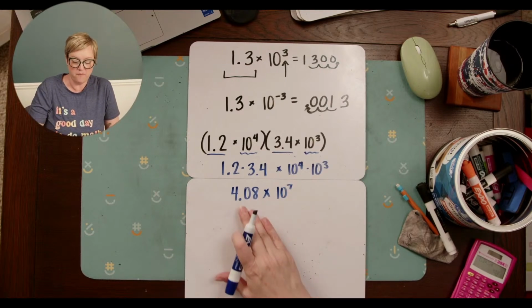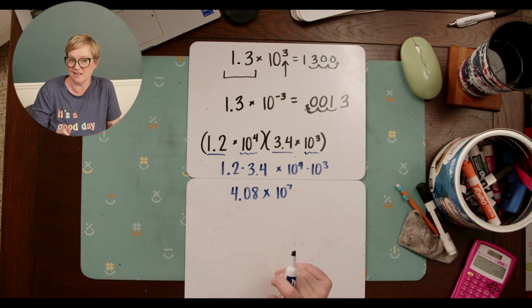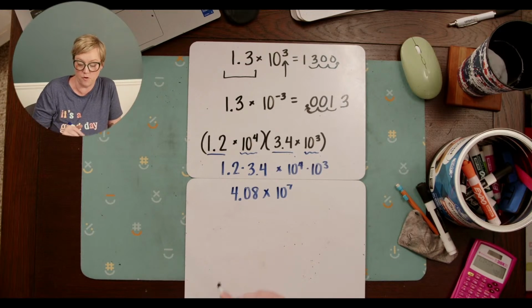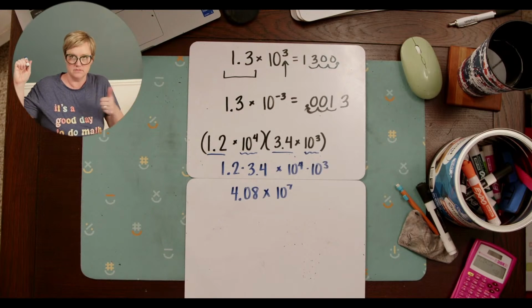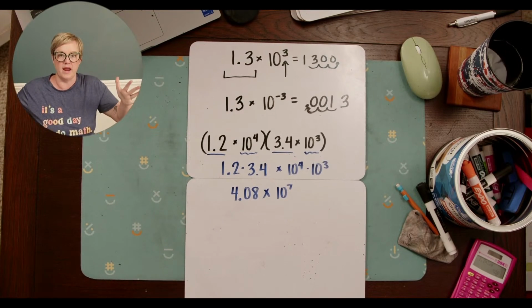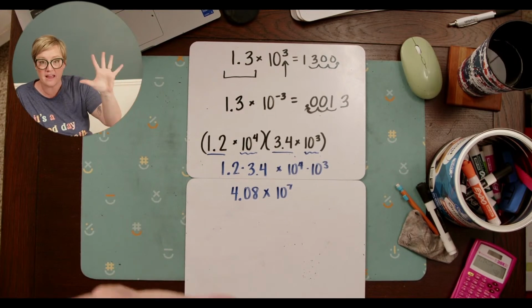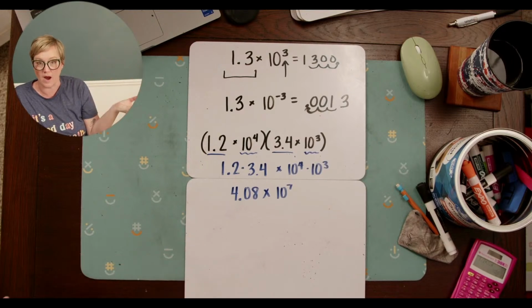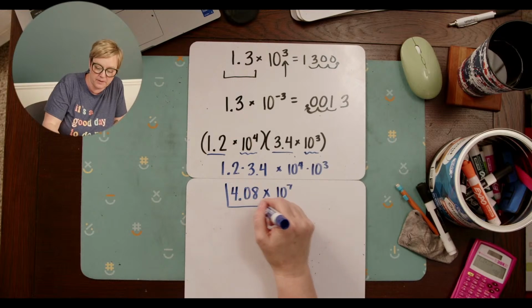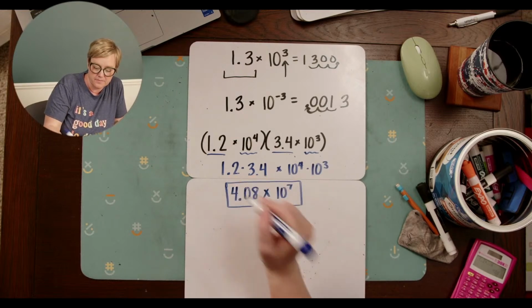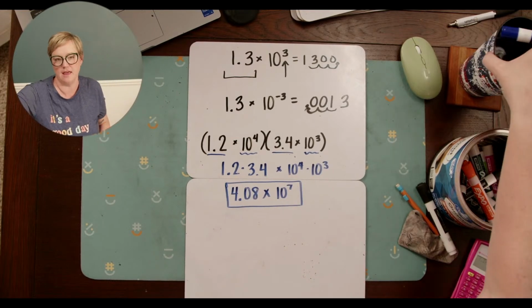Now 4.08 times 10 to the seventh is a lot easier to write out than 408,000,000, which would be 408 and 5 more zeros. That's what you would be writing out. So this is how you would multiply scientific notation together.